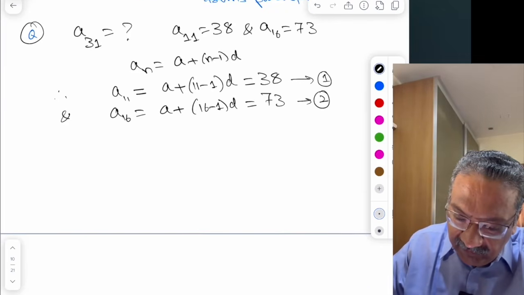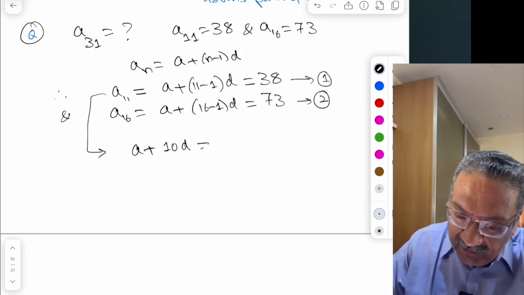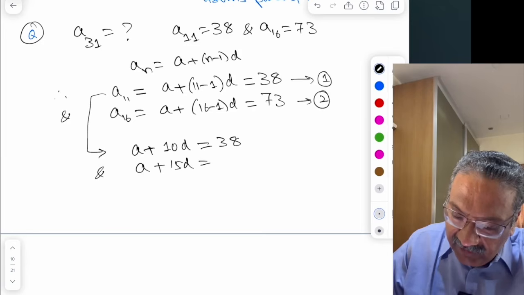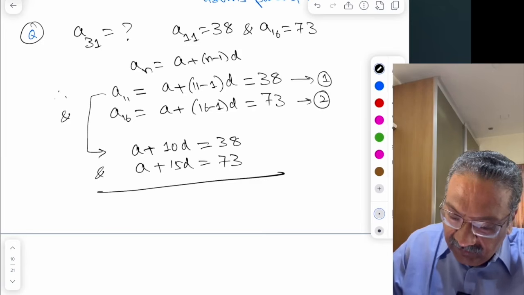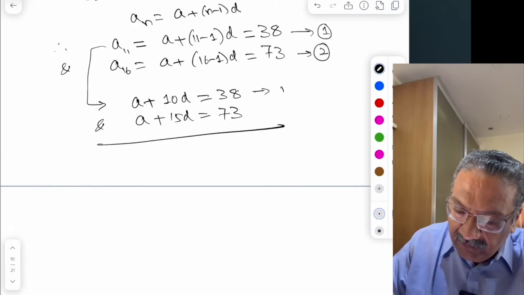Let us simplify equation 1. It becomes a plus (11 minus 1) which is 10d is equal to 38, and a plus (16 minus 1) which is 15d is equal to 73. This is equation 1 and this is equation 2.